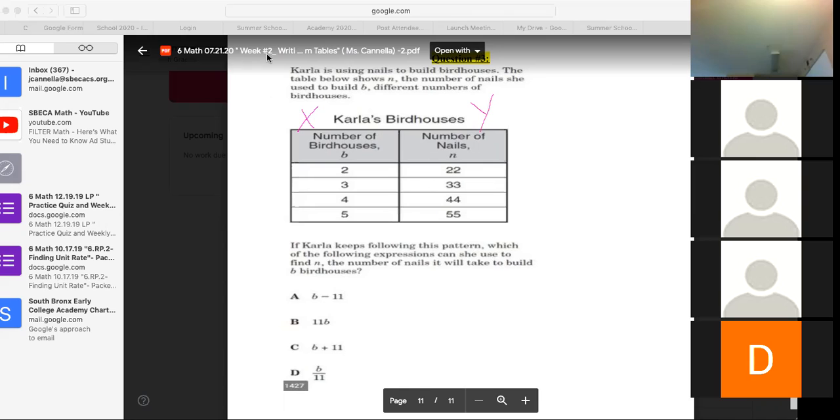So now that we know that, how do we go from 2 to 22, Evelyn? By multiplying.